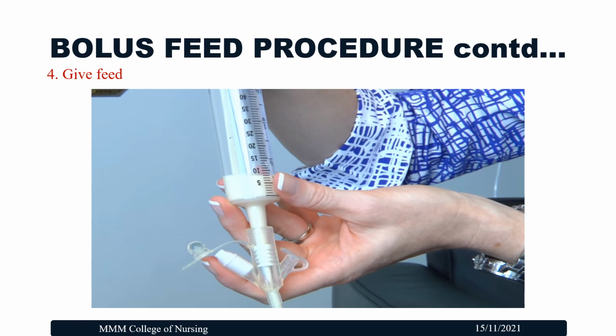Let the formula run in slowly by gravity. If the tube is thin, then the syringe plunger can be used to gently push the formula through the tube. Care must be taken to not let the syringe get completely empty before refilling, as air can enter the stomach. Take at least 15 minutes to give feed.